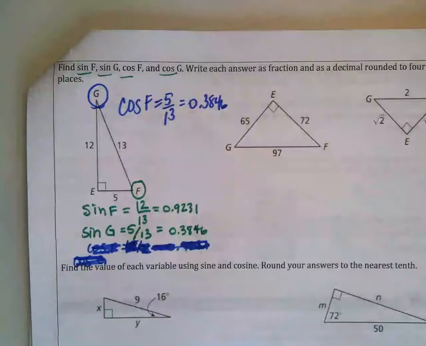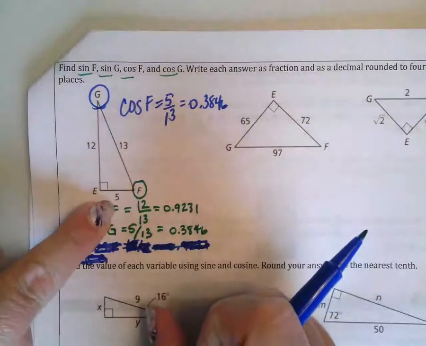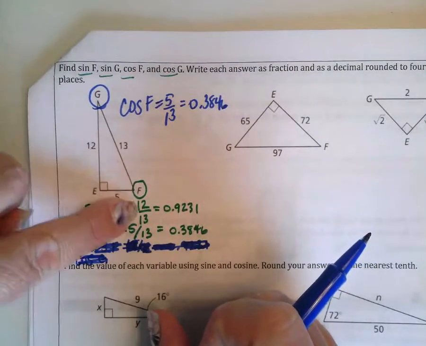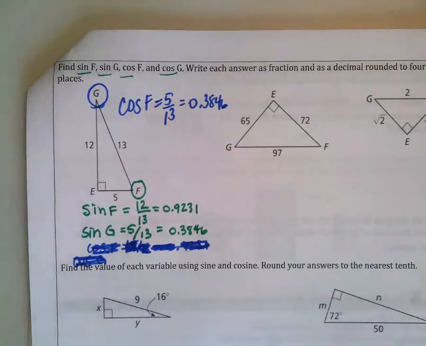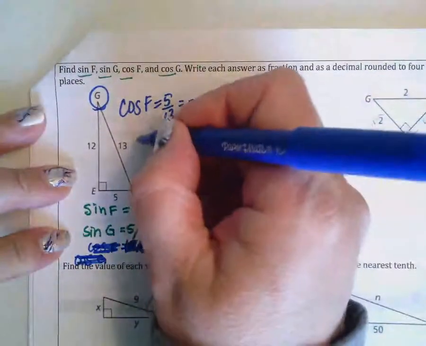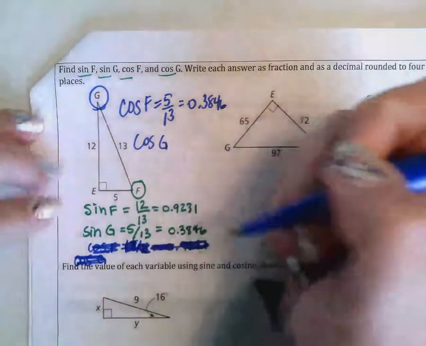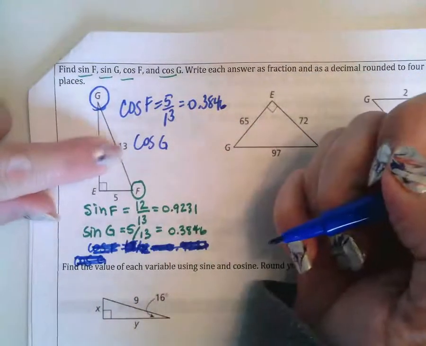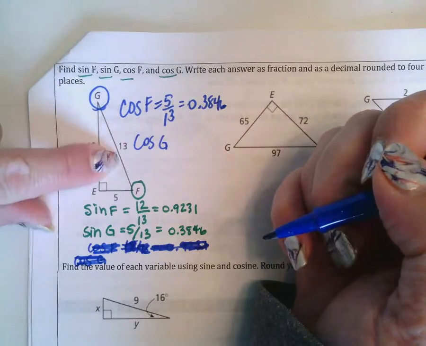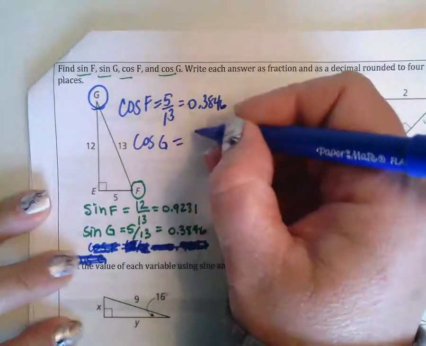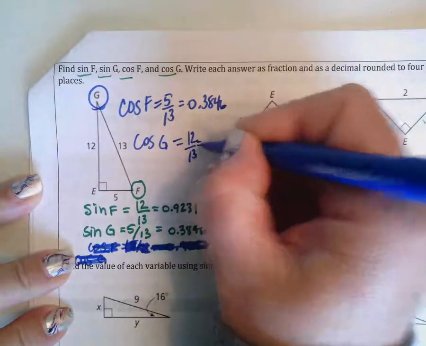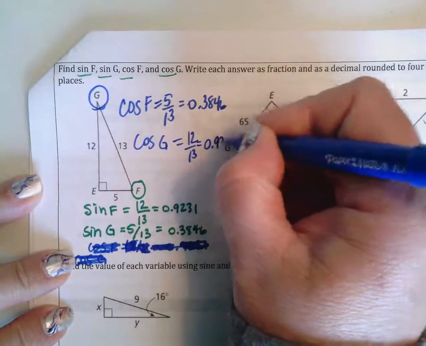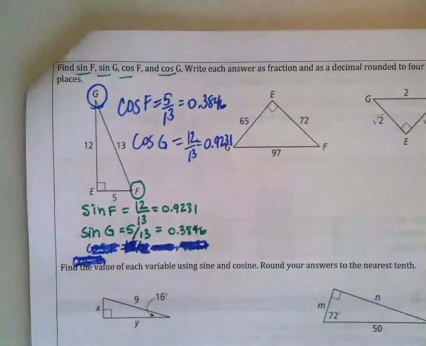Sorry, I'm doing F. Adjacent, hypotenuse. See, I switched colors and then whoop, they went in my brain. So the cosine of G, adjacent hypotenuse, so you're looking at 12 over 13, which is 0.9231.